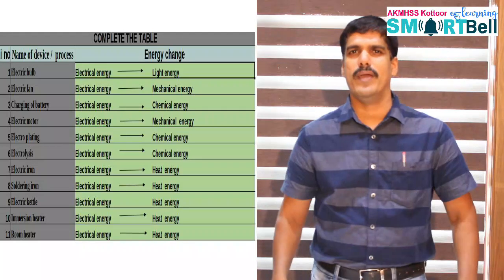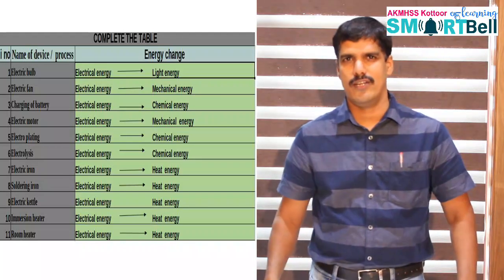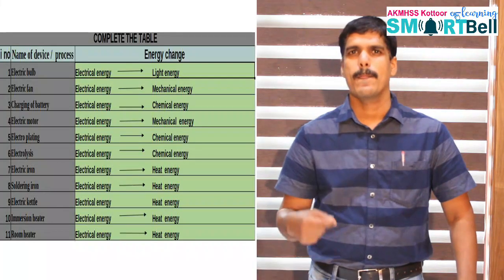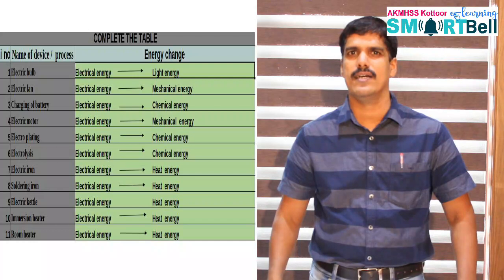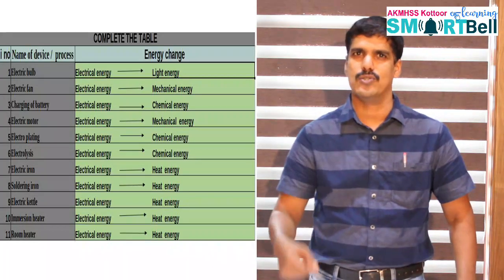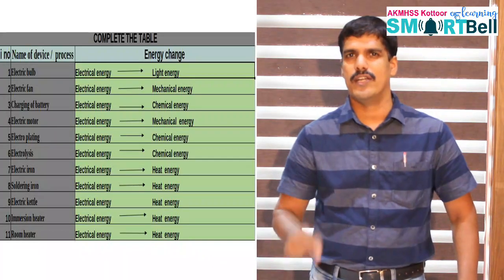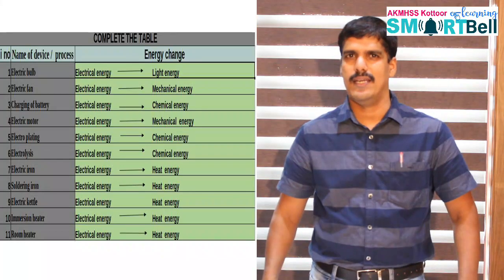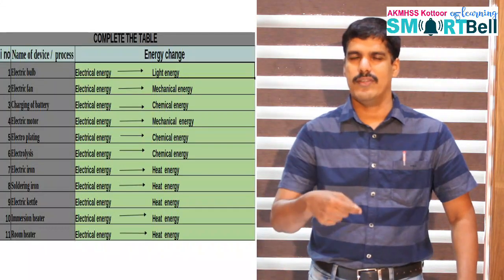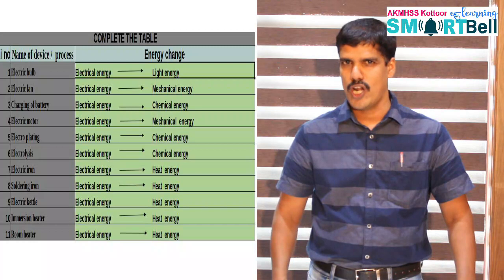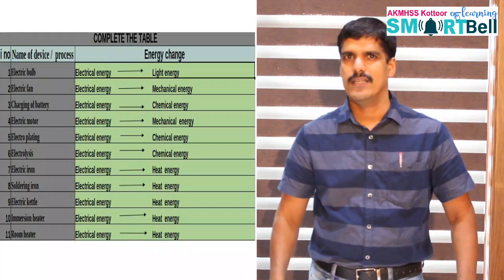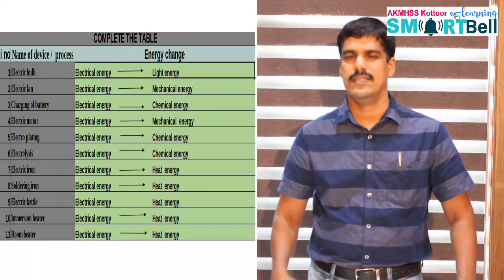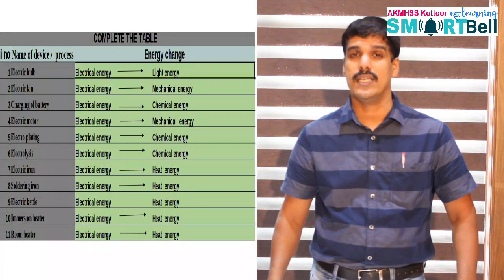On charging a battery, electric energy is converted into chemical energy. During electrolysis and electroplating, there also electrical energy is converted into chemical energy. And with the electric iron, soldering iron, electric kettle and room heater, electrical energy is converted into heat energy.